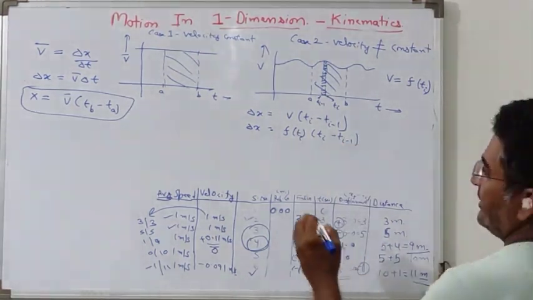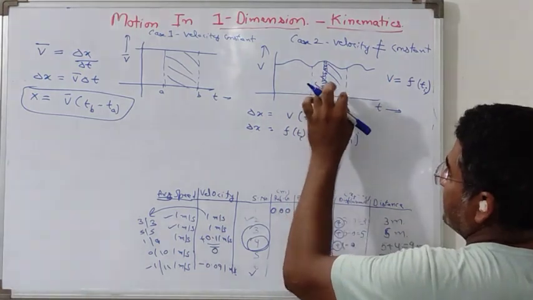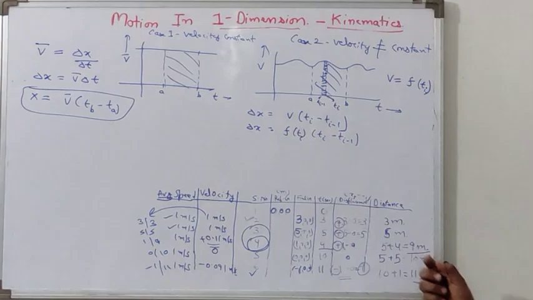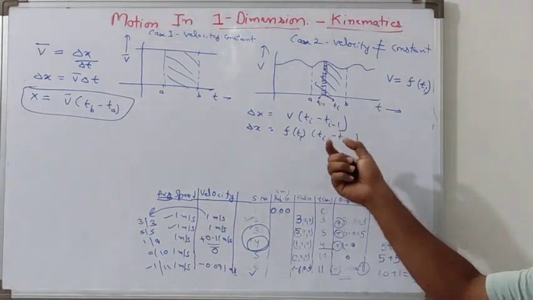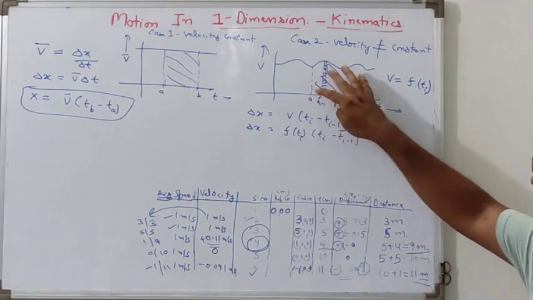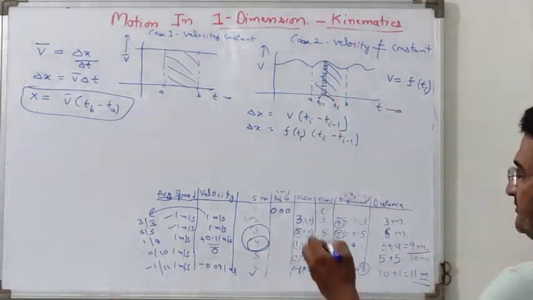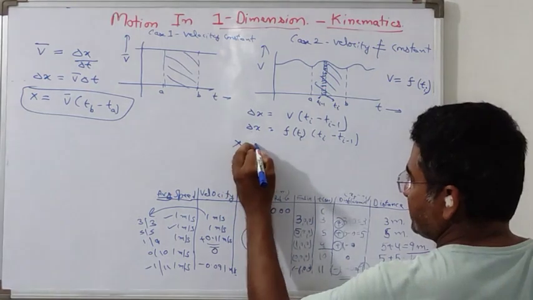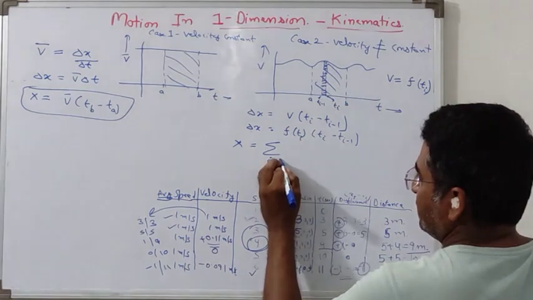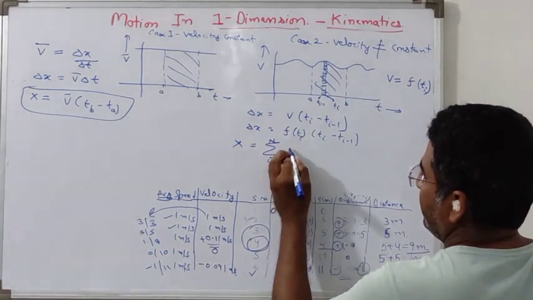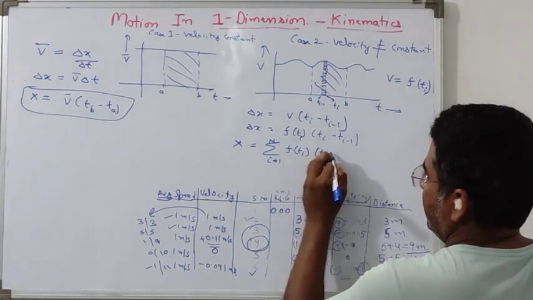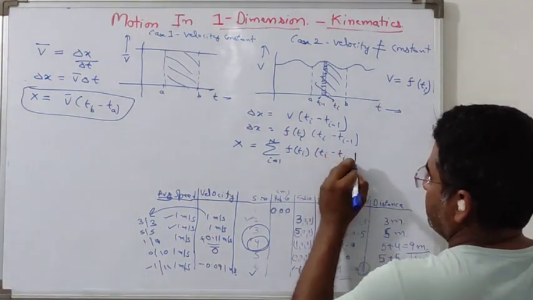Now to get the total area under this curve, we need to consider more such strips, and we say that the total number of strips that will cover this whole area will be n. So we say that total displacement will be summation of i is equal to 1 to n f(ti) into (ti minus ti minus 1).